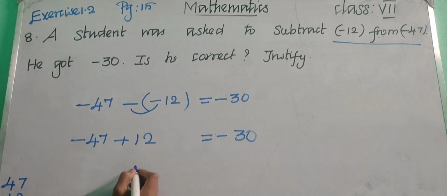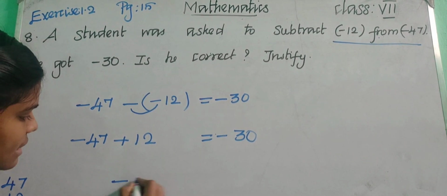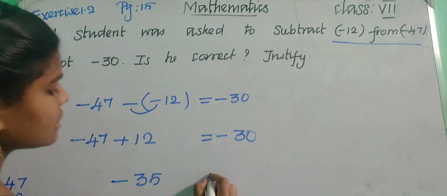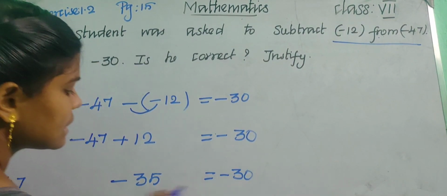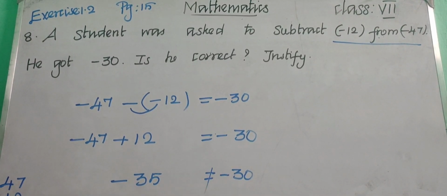Okay, so what we got? 35. Okay, so which is the greater number sign? 47. So minus 35 is the answer. Okay, minus 35. And what he got? He got minus 30. Okay children, so are these two equal? No, right? So the answer he got is wrong.